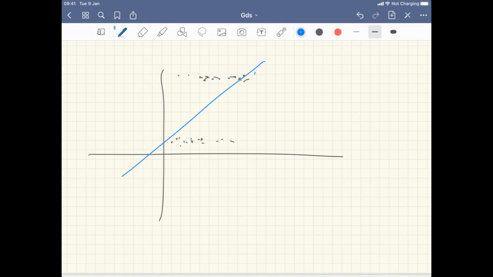And I fit the linear probability model. I still have the case that the alpha is the baseline probability that y is equal to 1.